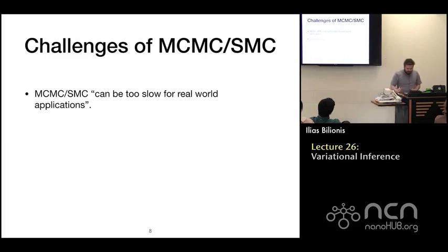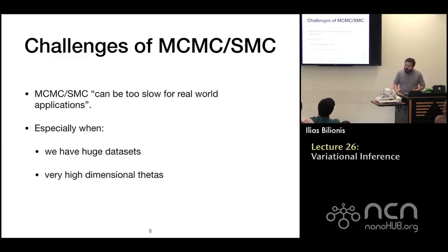And by real world applications, I mean when you have huge data sets, or when you have very high dimensional parameters to infer. And really, high dimensional is relative. It could be 10 in your problem, or it could be 100 or 200, depending on what exactly the parameters are.